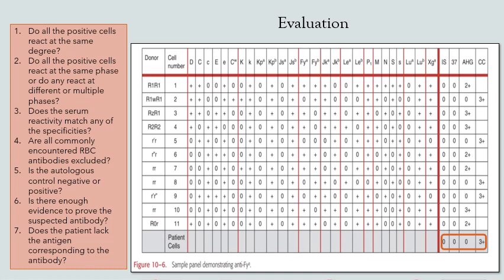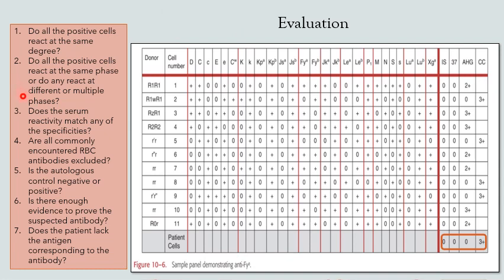The phase of reactivity will also help us indicate the clinical significance of the antibody because IgM antibodies usually react at immediate spin phase and IgG antibodies react at AHG phase. So in the figure, you will see that there is a reaction in the AHG phase. So you will consider that this antibody is IgG.